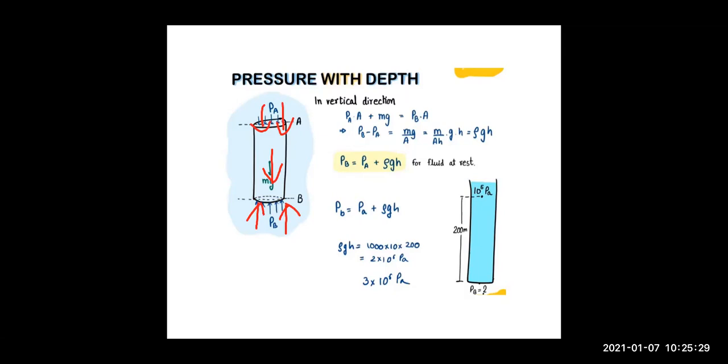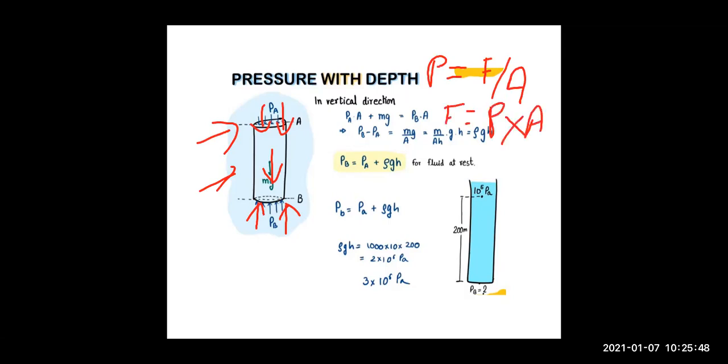Right, children? Now, here if we see in vertical direction, the downward forces are these two. These two are the downward forces. So, force is what? Pressure equals force upon area, so force is pressure into area. So, if we talk about this, the pressure is PA and the area of the base is A, right? And one more downward force we are having, that is mg. So PA into A plus mg will be equal to the upward force.